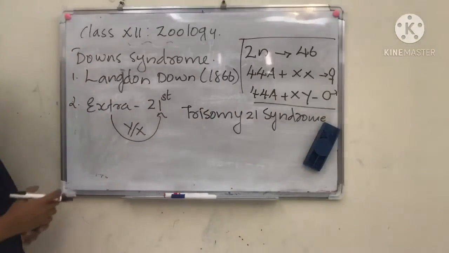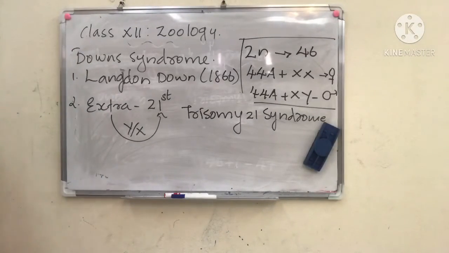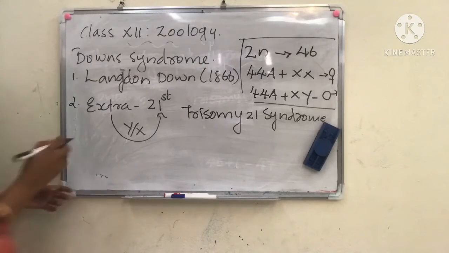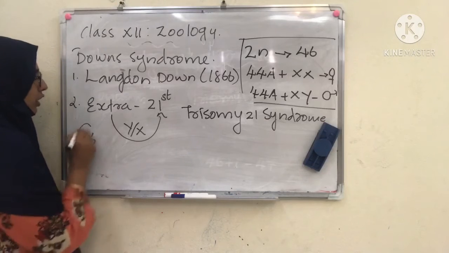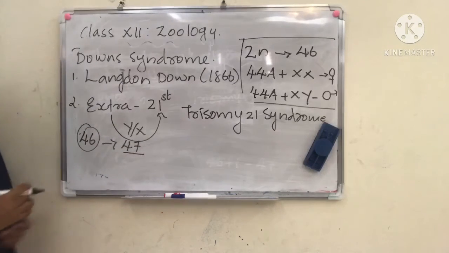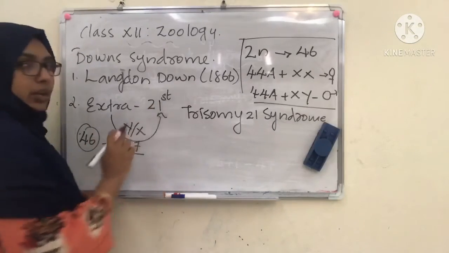Trisomy 21 syndrome. So what will be the chromosome number of them? Instead of the normal 46, they will have 47 chromosomes, because chromosome 21 has an addition, isn't it?